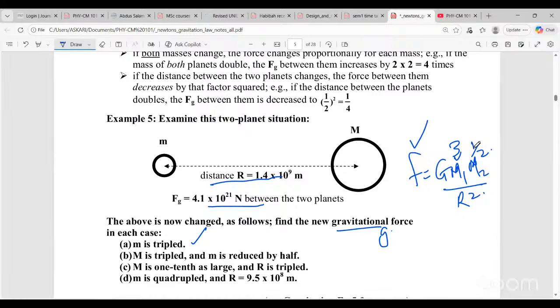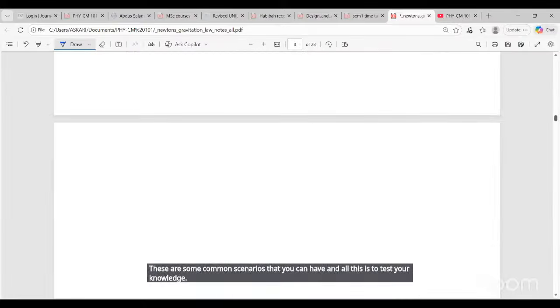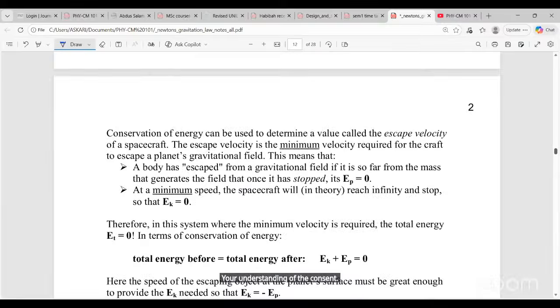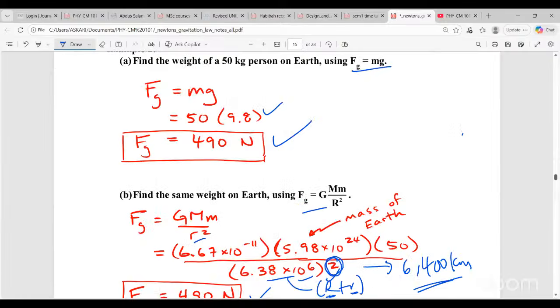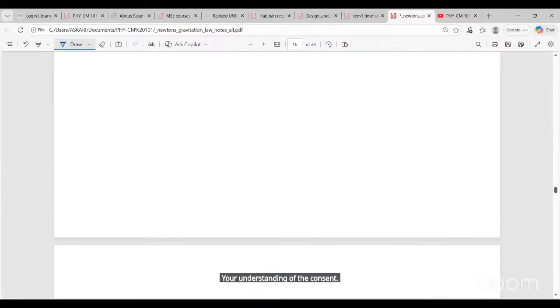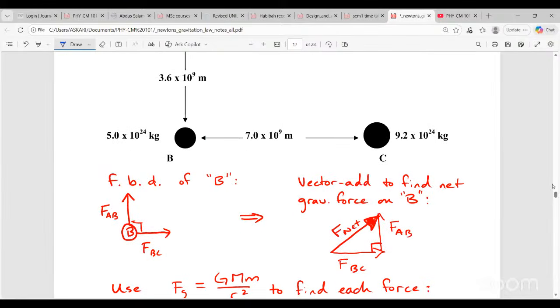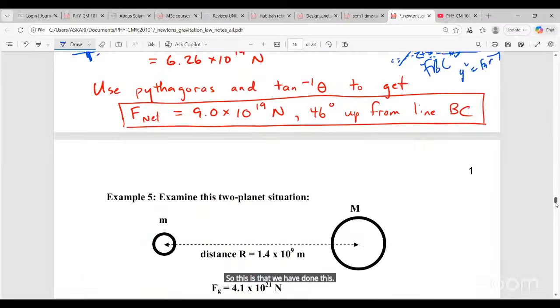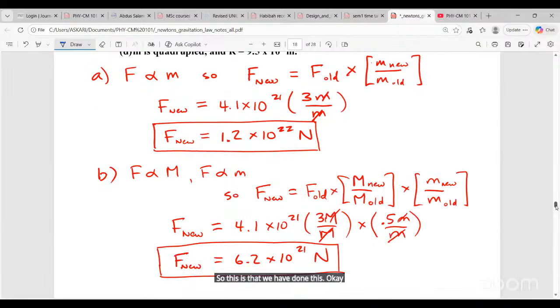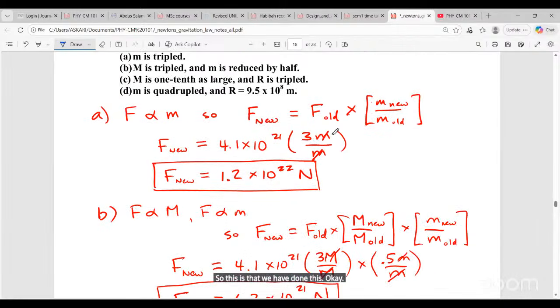These are some scenarios that you can have, and all this is to test your understanding of the concept. F is directly proportional to m.